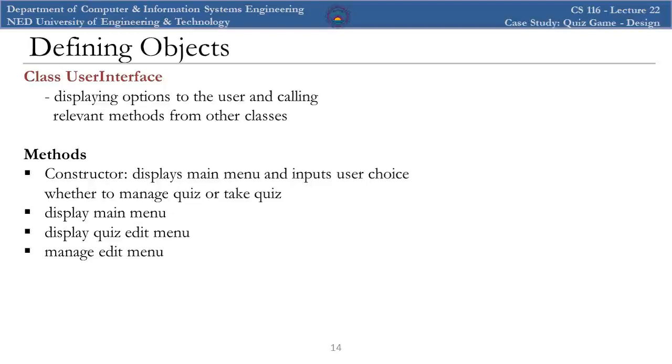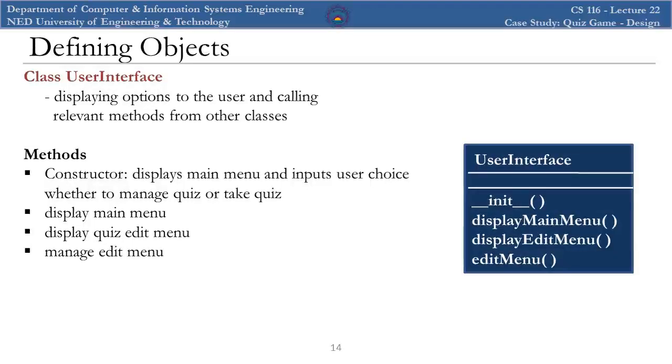So that could be another menu. And then I can write a method to manage that second menu. So these 2 central methods are simply print methods. They'll print some menus, whereas the last one will help me choose an appropriate method when the user chooses something from that edit menu list.